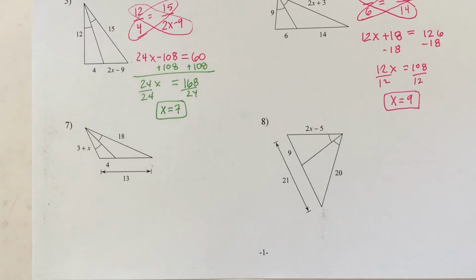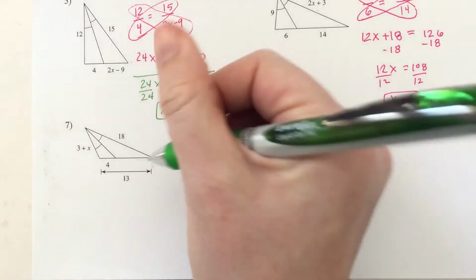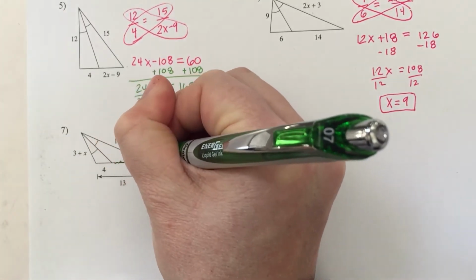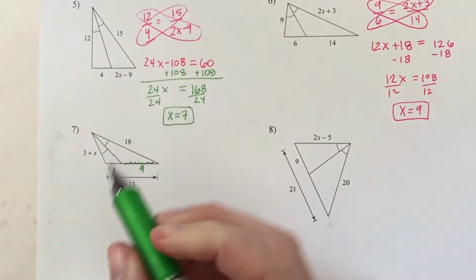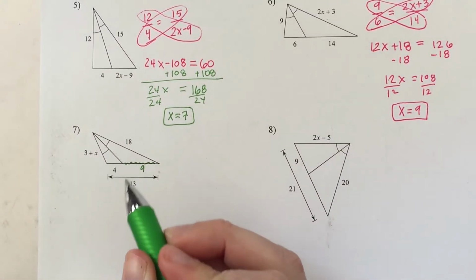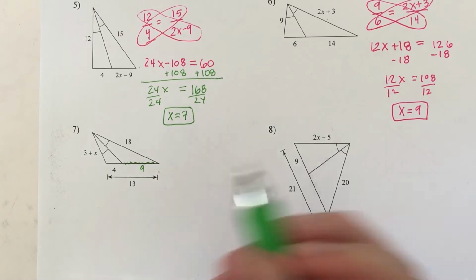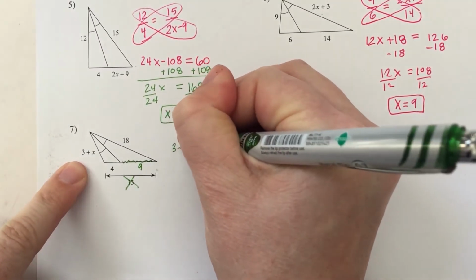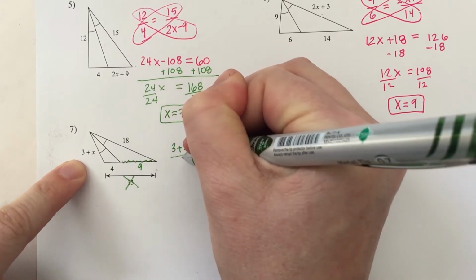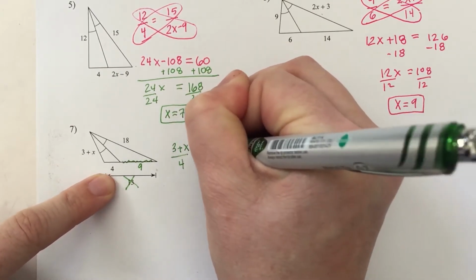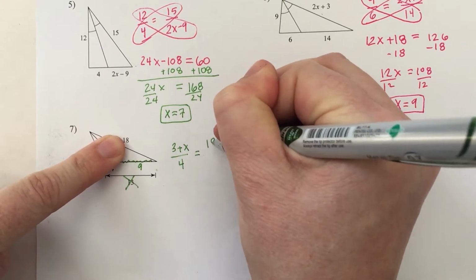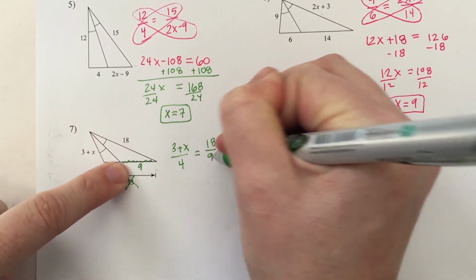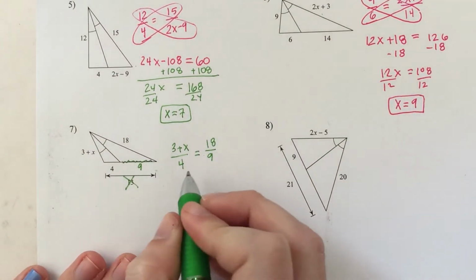Now I have that long piece again, this long side. That means that this one would be a 9 because 4 plus 9 is 13. Cross that out. 3 plus x over 4 equals 18 over 9. I cross multiply.